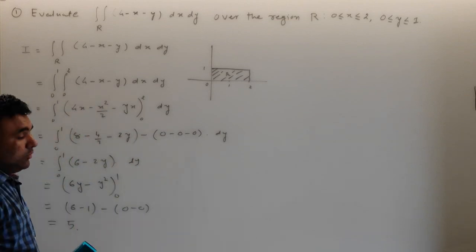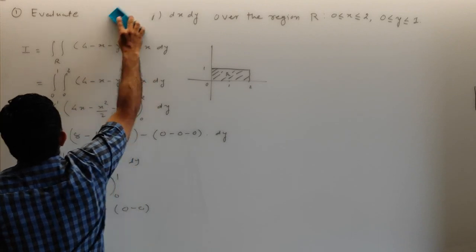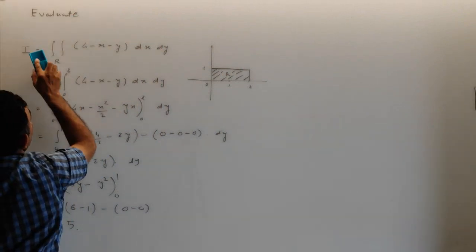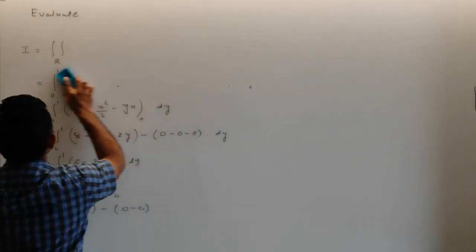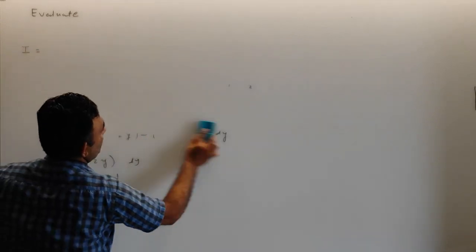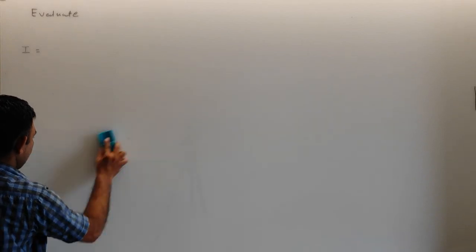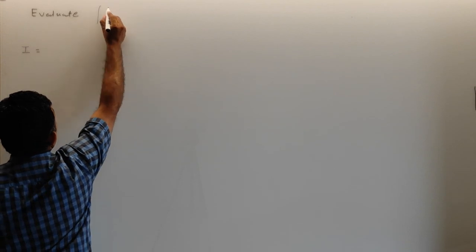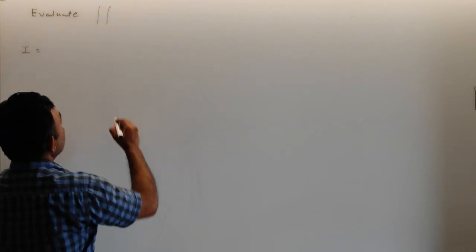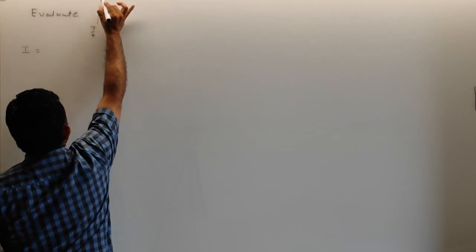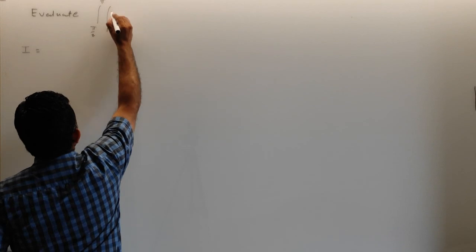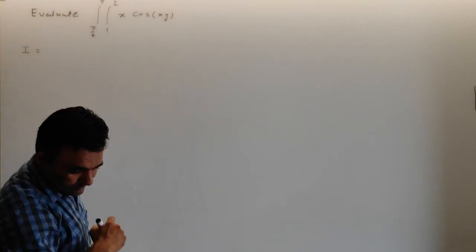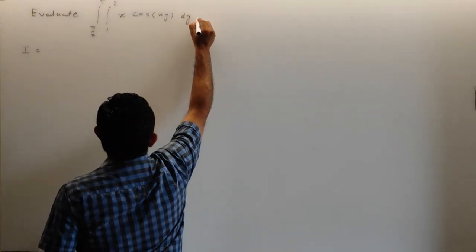Now let us see one more example. The second example is: evaluate the double integration, and the limits are pi by 2 to pi and 1 to 2, of x times cos xy, dy dx.